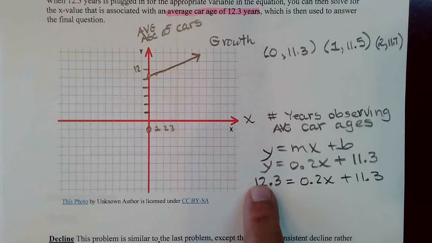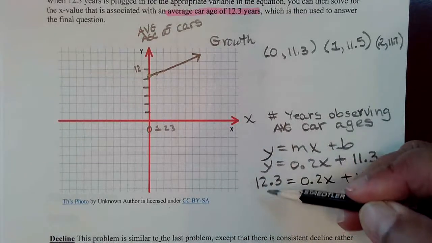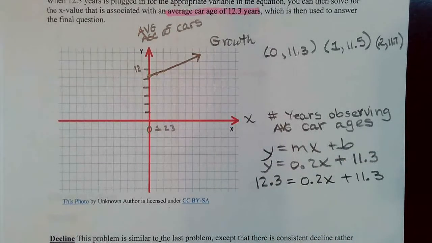Then you would put the 18.7 in here and then solve for x to find out how many years it would take for cars to reach an average age of 18.7. You can put any number in here you want. And then by knowing how to solve an equation using inverse operations, you are able to solve for x, which we will do in the very next video.